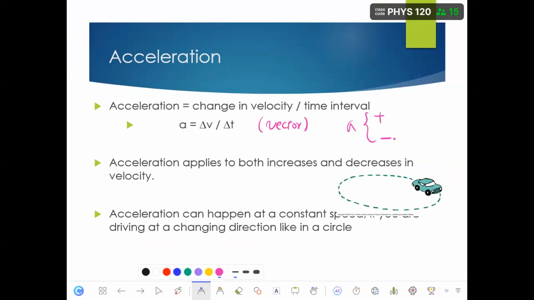No, you need to check the direction as well. If the direction is not changing, acceleration is zero. If the direction is changing, the acceleration is not zero. We will have acceleration.